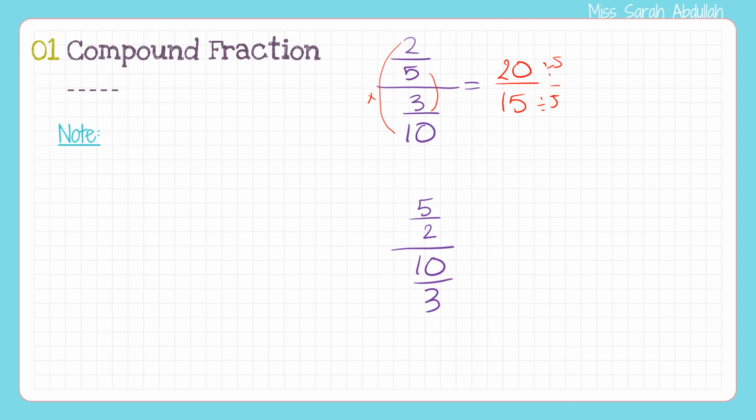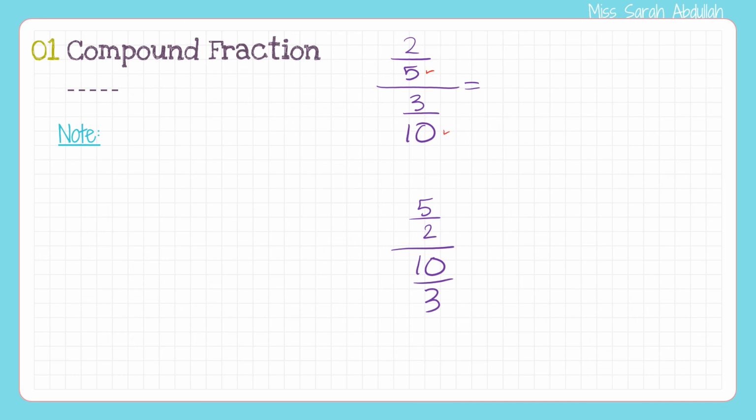Great. I have another way to do it also. I can simplify before I do this. But how can I simplify? Guys, you can simplify numerators or denominators. So I look at the 2 and the 3. Can I divide them by something? Do they have any common factor? No. How about the 5 and the 10?